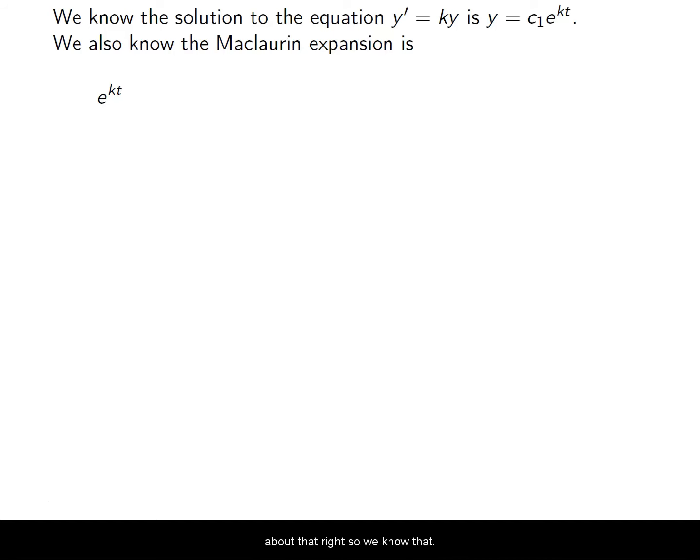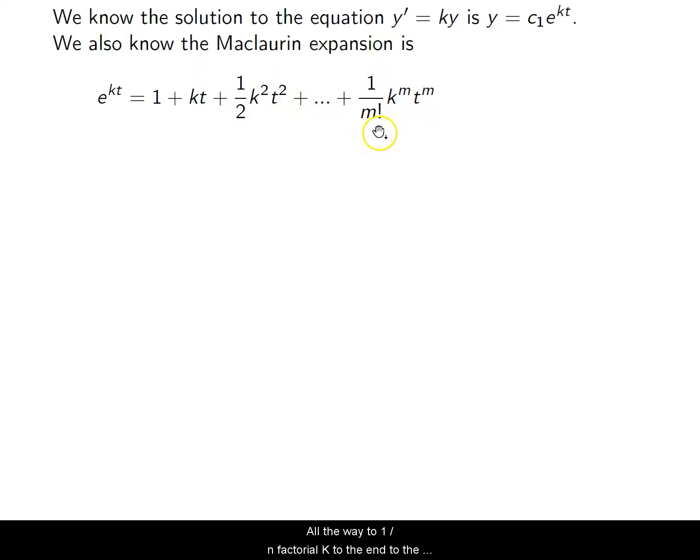So we know that if we take this centered about x equals 0 or t equals 0, and we do a Taylor expansion, that will give us our Maclaurin expansion, and that expansion is 1 plus k times t plus 1/2 k squared t squared all the way to 1 over n factorial k to the n t to the n.